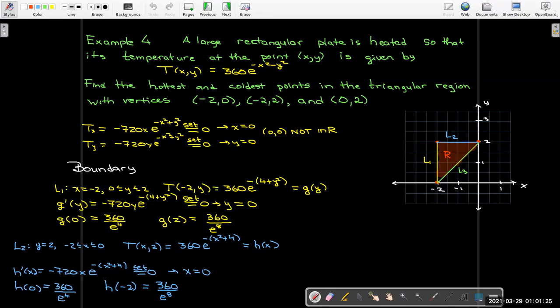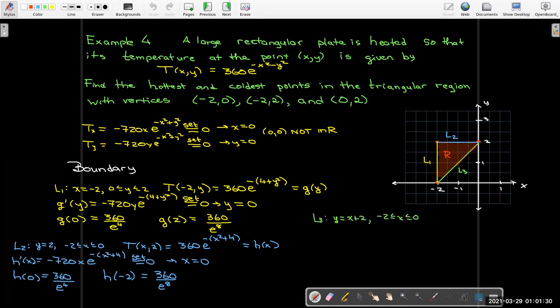Now, the third line is more interesting because it's a slanting line, or a sloping line. It has an equation y equals x plus 2, and the x values range from -2 to 0. So now, instead of replacing y with a constant, I'm going to replace y with the formula x plus 2. After I do that and simplify, I have a function of only one variable, x, and I'll call that function p of x.